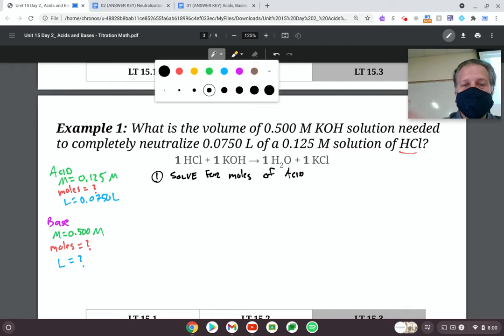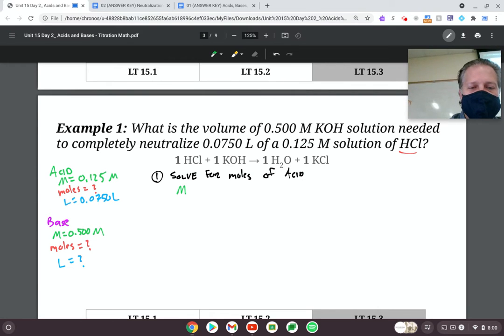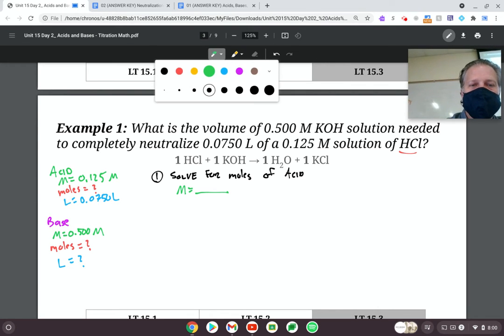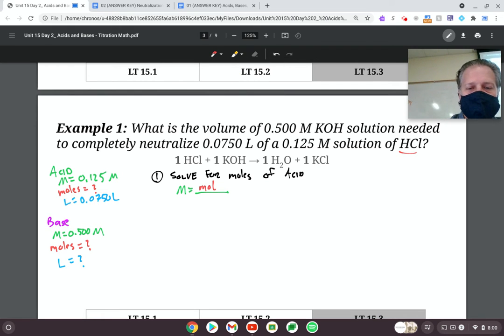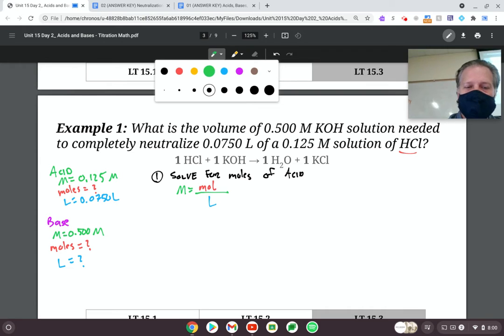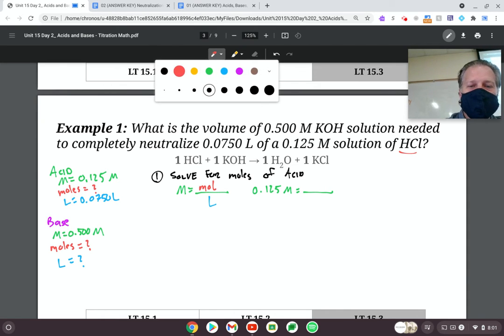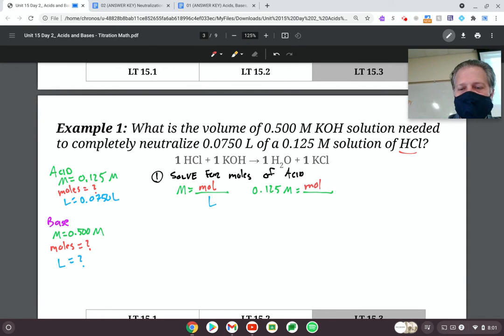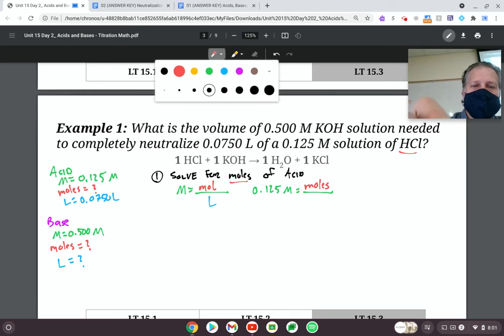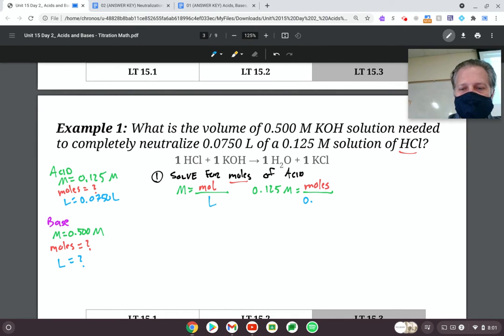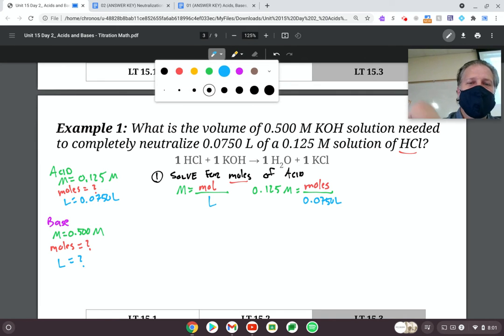So I'm going to use my molarity formula. Molarity is equal to moles over liters, and I know the molarity is 0.125 molar, I know the volume is 0.0750 liters, and the number of moles is what I'm solving for.